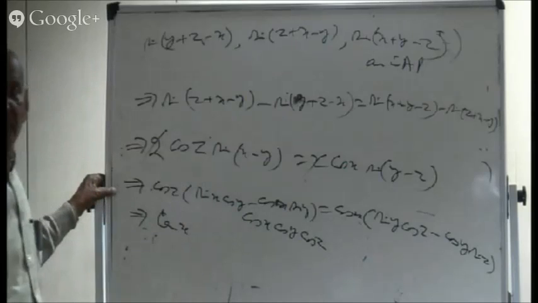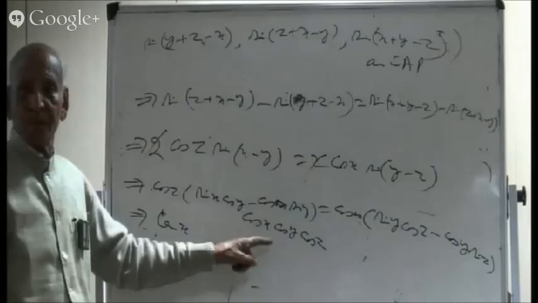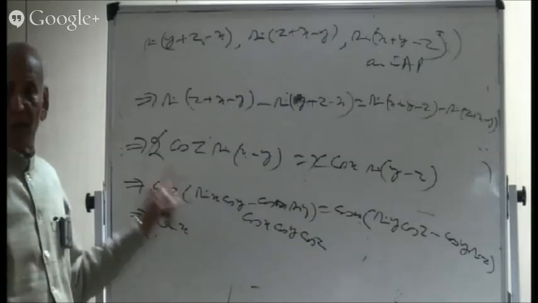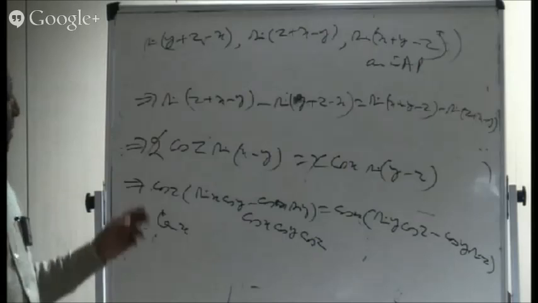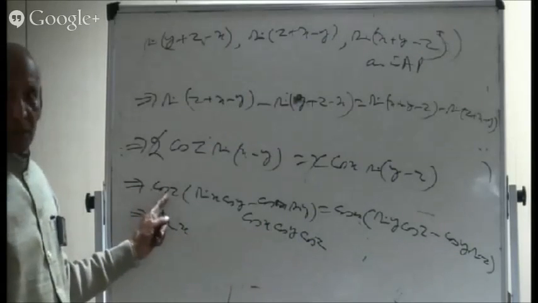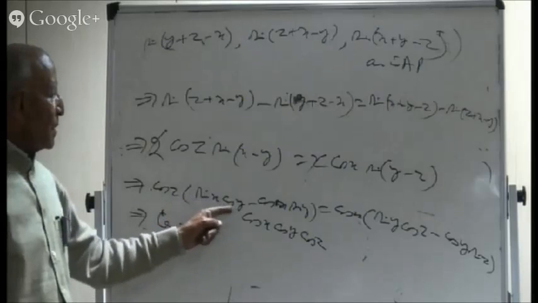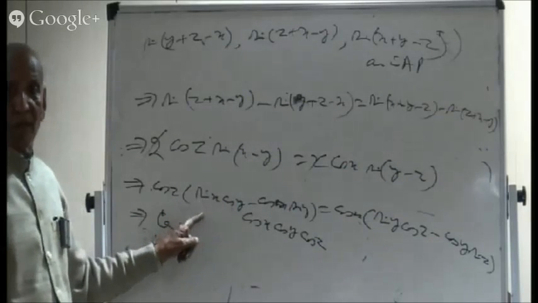Here I will be getting tangent of x. Is it right? Cos y will go on division, so I will be left with only this tangent of x. Is it right or not? Since I am dividing by cos x, cos y, cos z, cos z cancels out, and in the remaining term we are dividing by cos x, cos y. Cos y cancels out, so we are left with tangent.